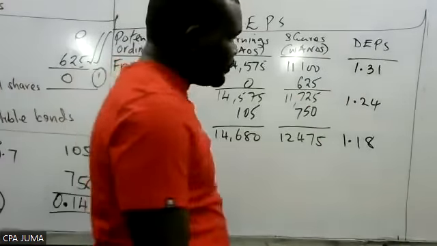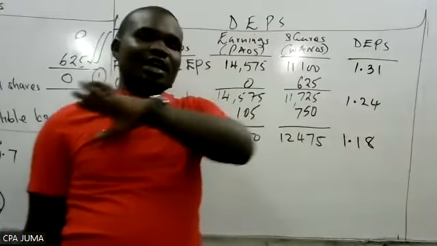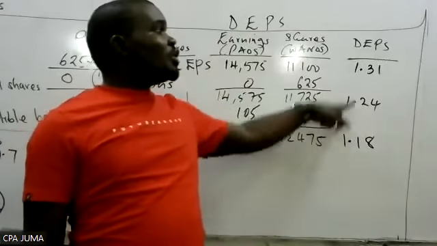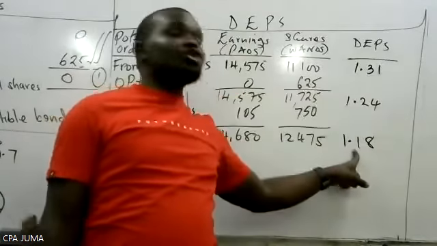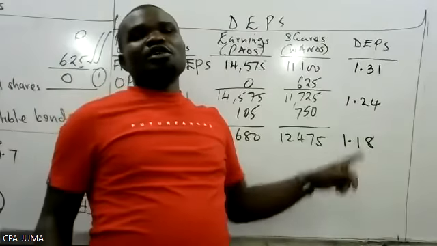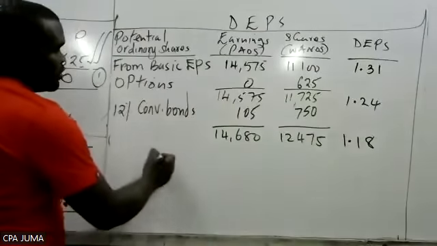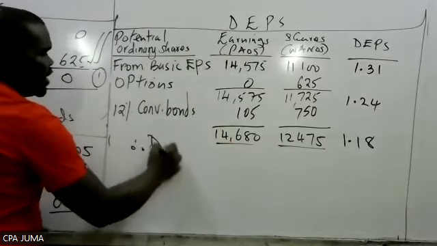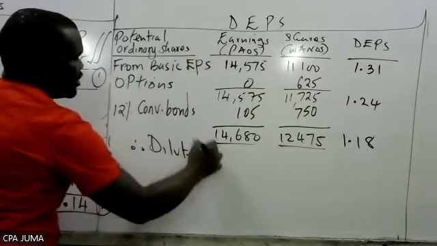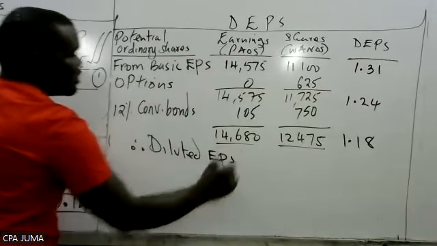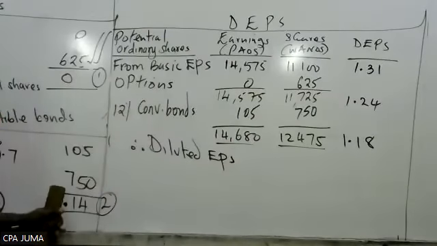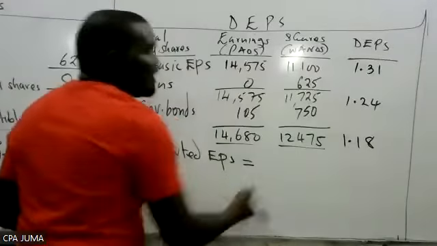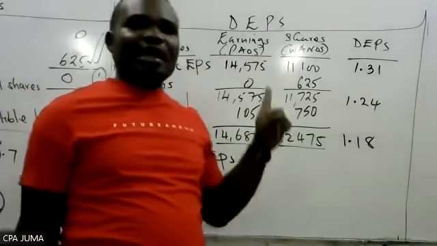Now, if the worst comes to the worst, EPS will drop from 1.3 to 1.18. So, therefore, diluted EPS will be the least, not the last.